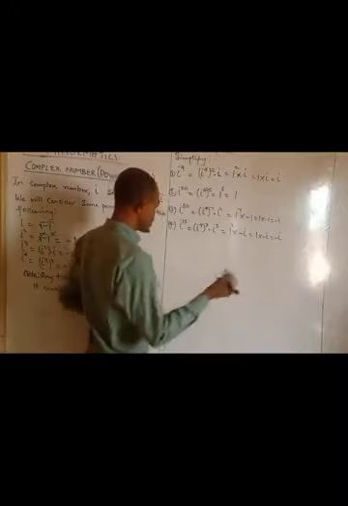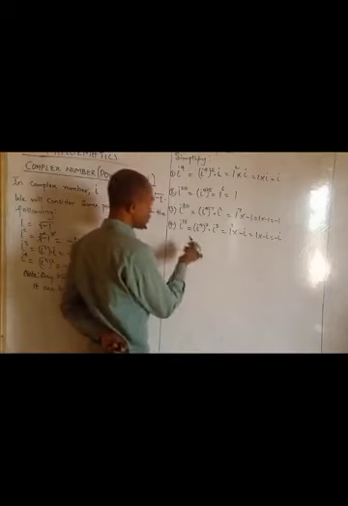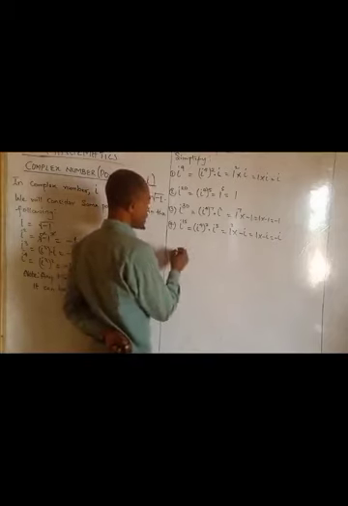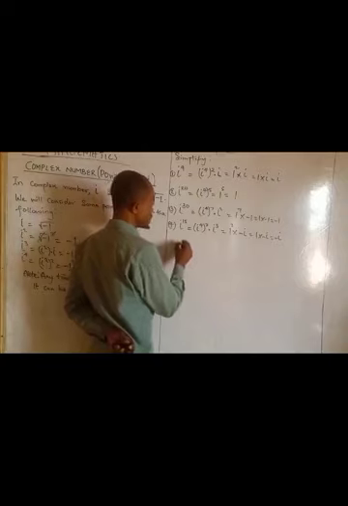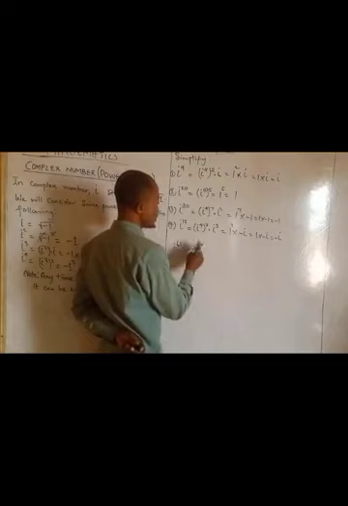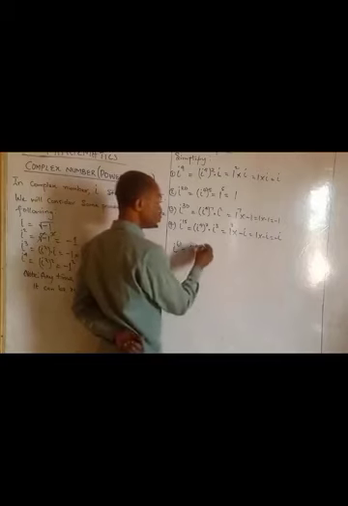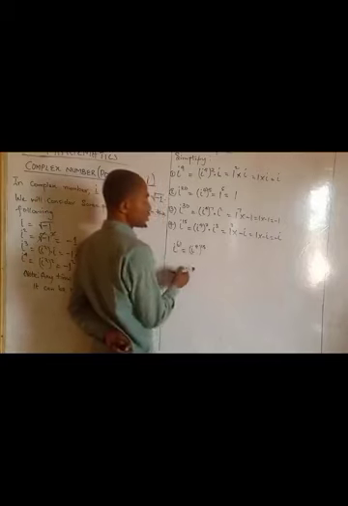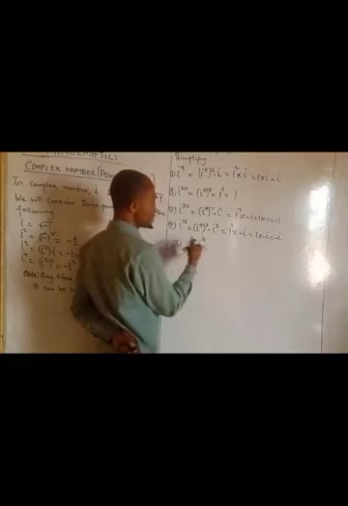Let's say for instance you are given i to the power of 61. So i to the power of 61 can be written as i to the power of 4, then power of 15. So 4 times 15 is 60.